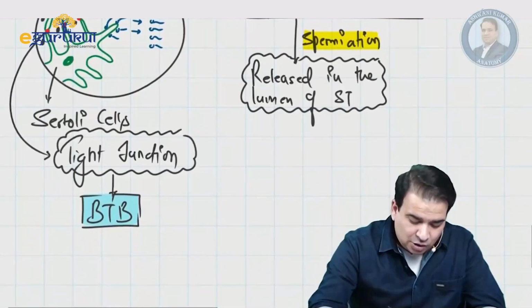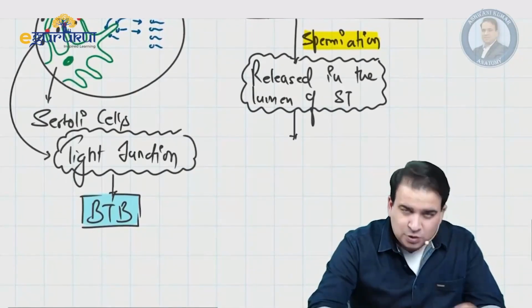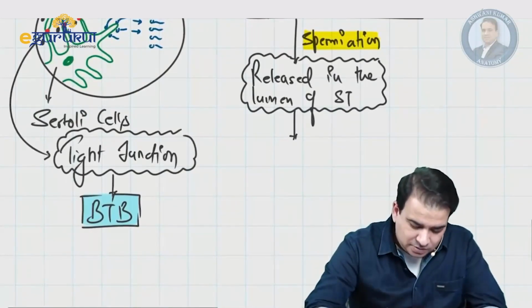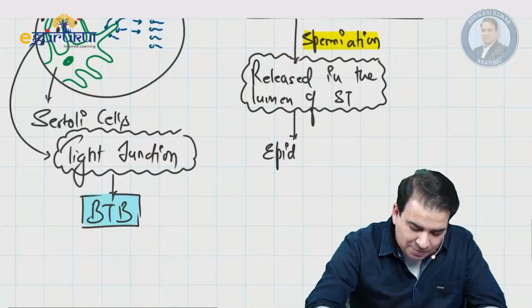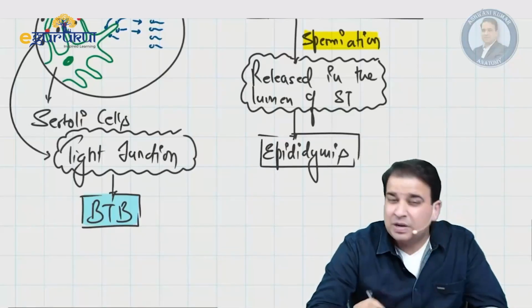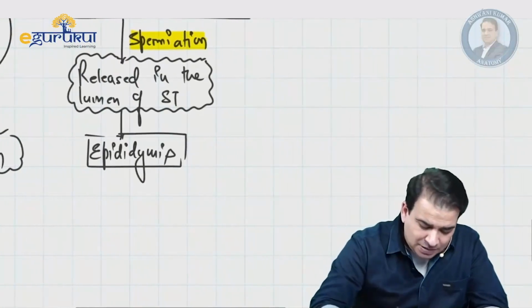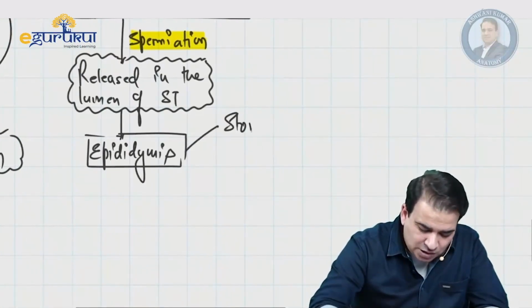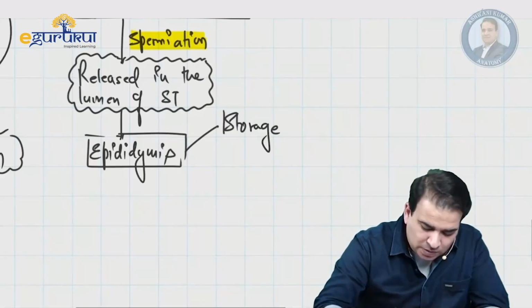And still this is not the end of it. The spermatozoa, when they are transferred to the epididymis, let's say this is epididymis here. So guys, epididymis has answer to many questions here, because epididymis is the site for the storage. Number one, it is a site for the storage of the sperm.